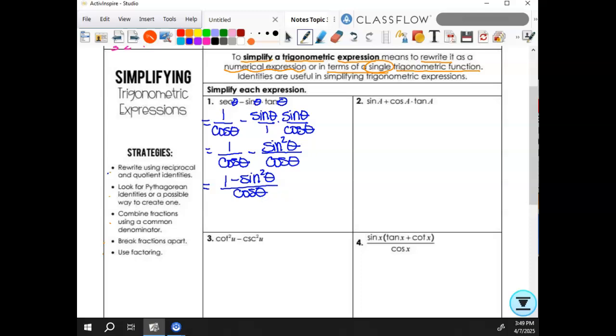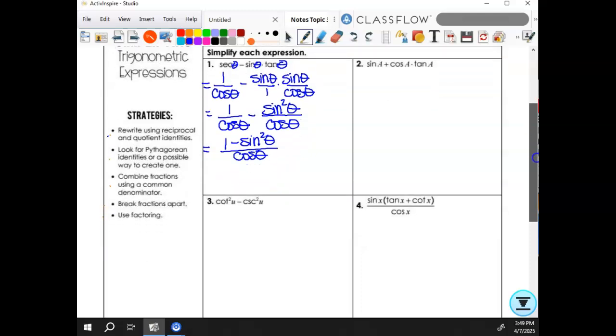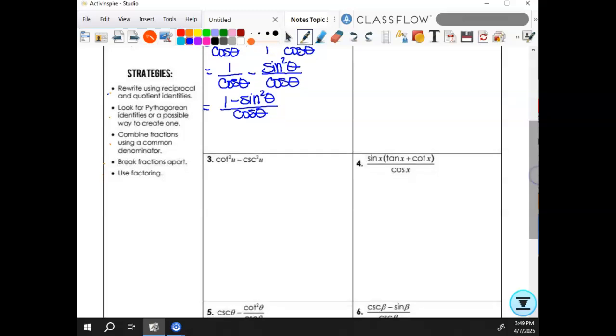Now I don't have a single trigonometric function, and it doesn't even tell me if it's supposed to be sine or cosine. We would be directly told that in a different situation. But I know that I have my Pythagorean identities. So sine squared theta plus cosine squared theta equals 1. I could write out all the rest, but I don't need to.